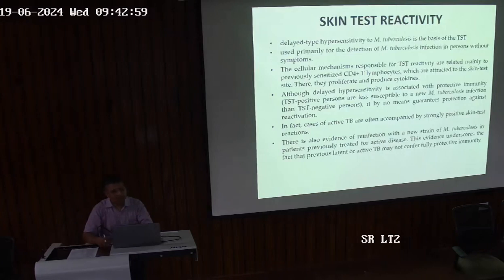Skin testing, which we have discussed, it is due to the CD4 T lymphocyte. This is important. CD4 T lymphocytes. If it is deficient, like in a case of HIV, in the later stages, when the immunity is low, the patient may have infection by tuberculosis, but the TST will come negative. So that is the false negative.